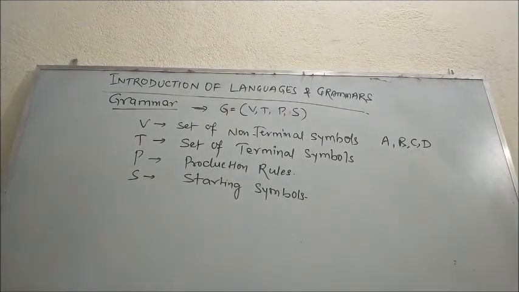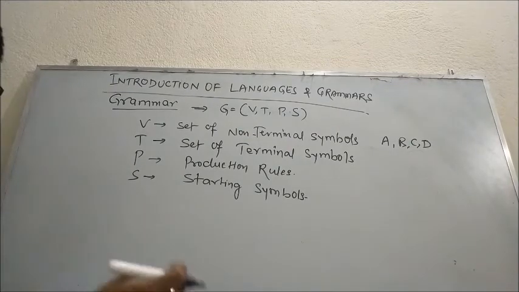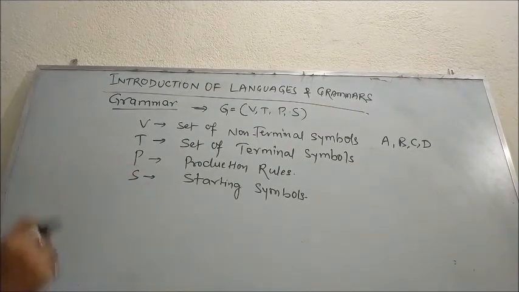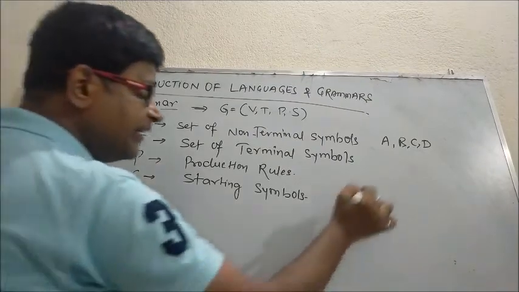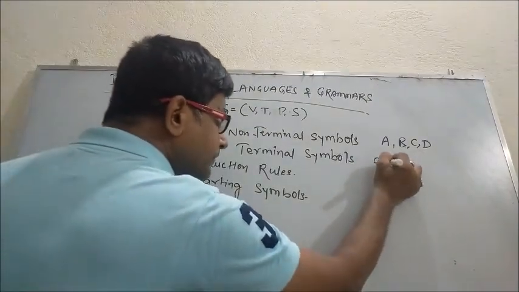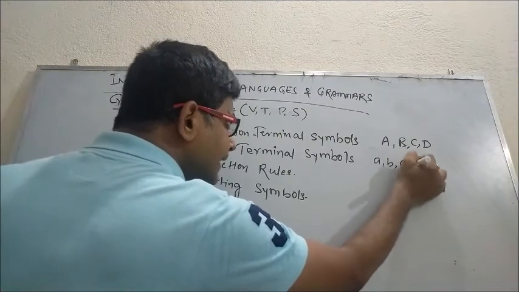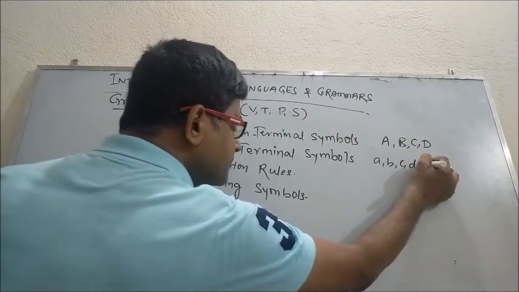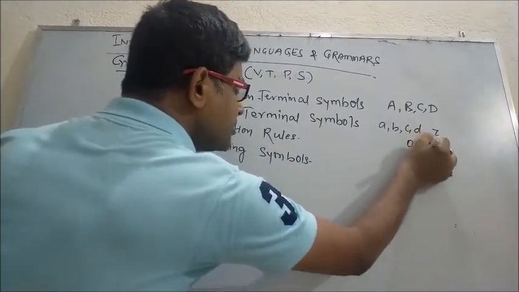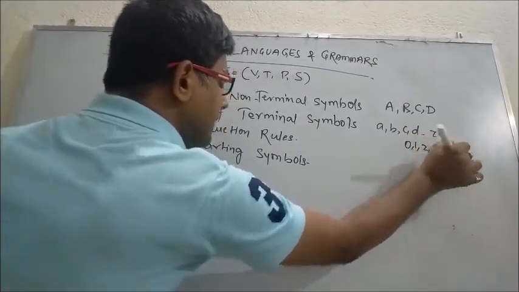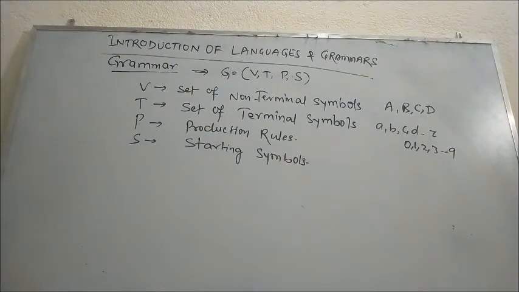Terminal symbols means the strings where it terminates, and strings generally terminate at small a, b, c, d up to z, or sometimes we can also take 0, 1, 2, 3 up to 9, right?